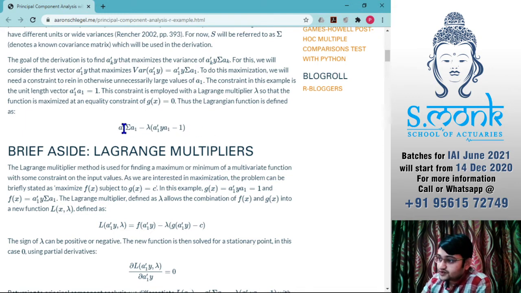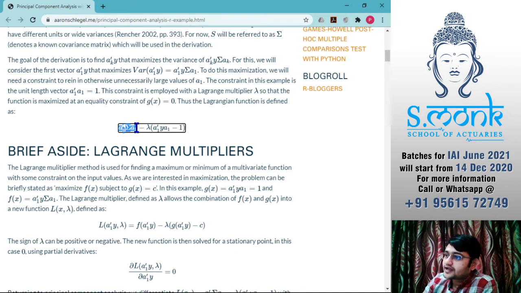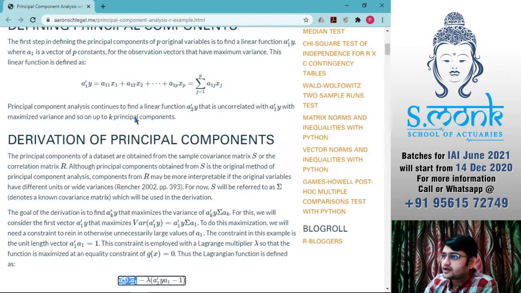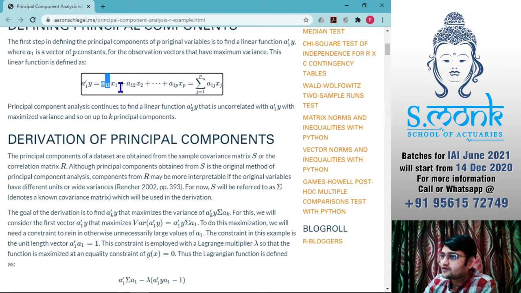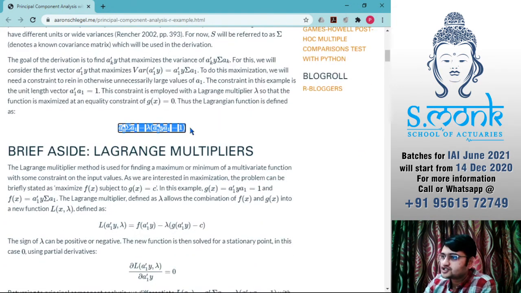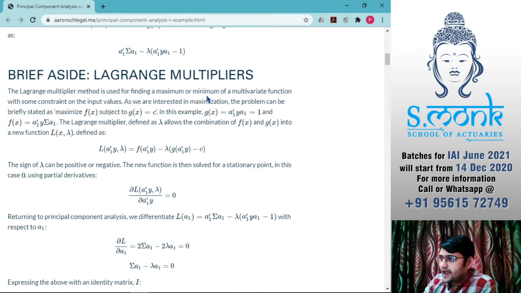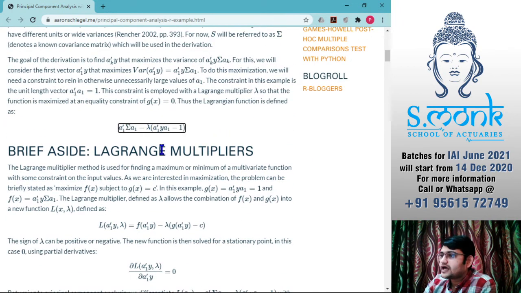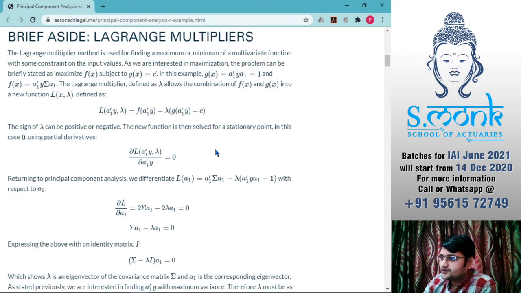In that way we will be able to solve and calculate all these a1 and a1 dash and a11 and a12, these values. To solve this, we'll create such equations, and this lambda is called an eigenvalue. Okay, so we create such equations.